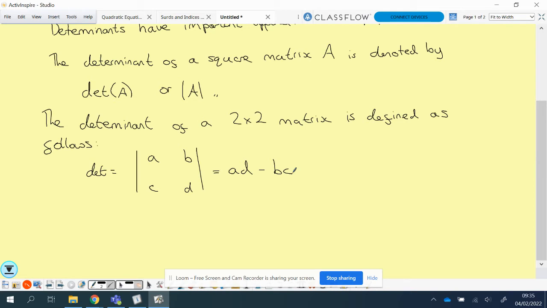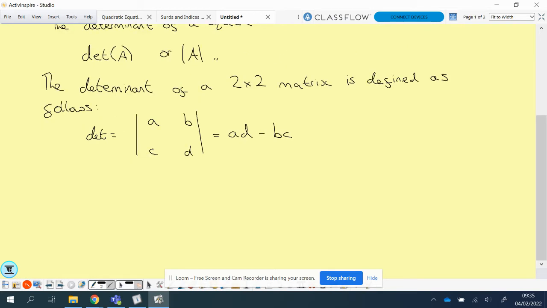So it's A times D minus B times C. That's the rule for a 2 by 2 determinant. We'll look at a quick example.